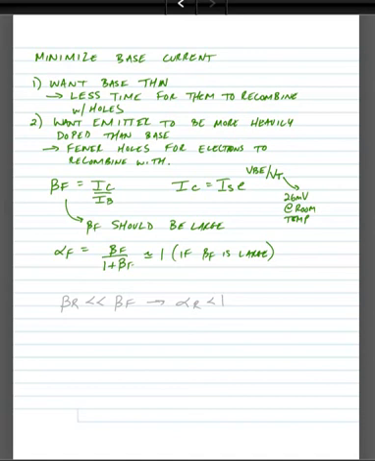Even though they're doped with similar particles, we dope the emitter much heavier than the collector. And what this means is that beta reverse, which would be the reverse current gain, is much, much smaller than beta f. And this would mean that if we were to derive a similar alpha reverse, it would be much less than 1.